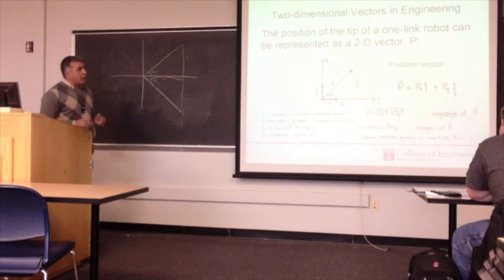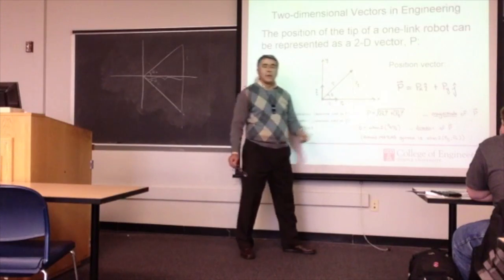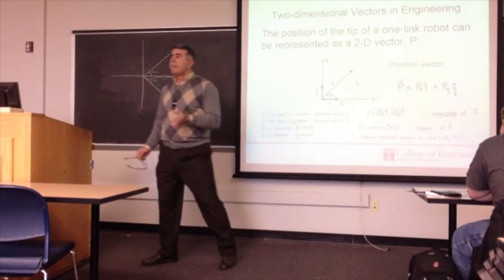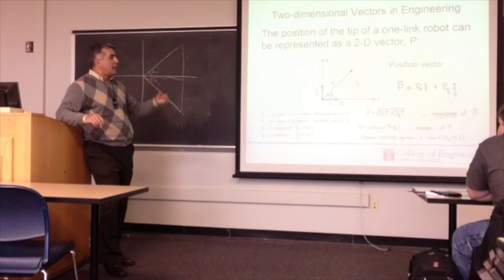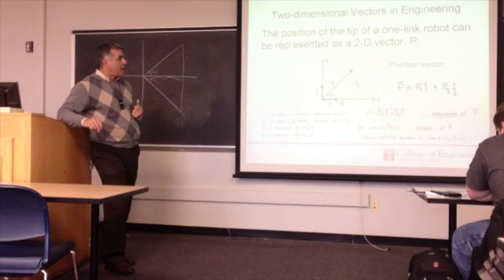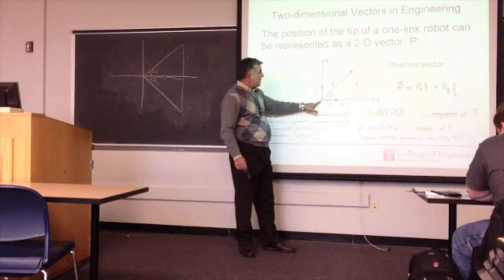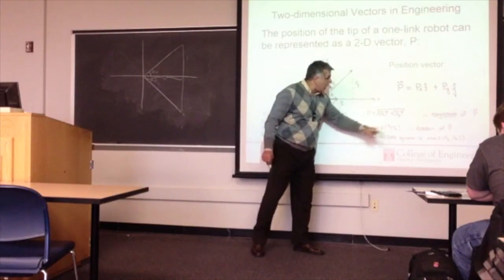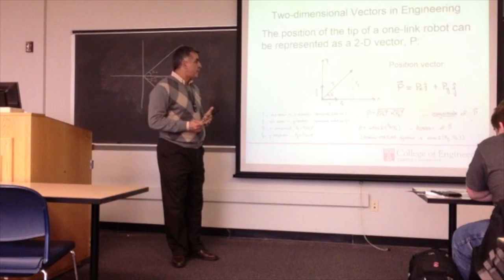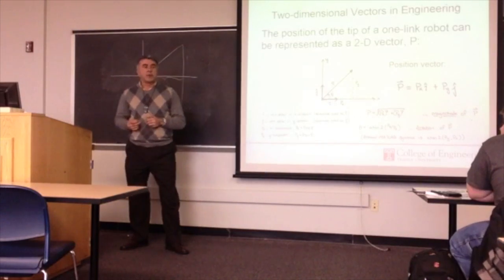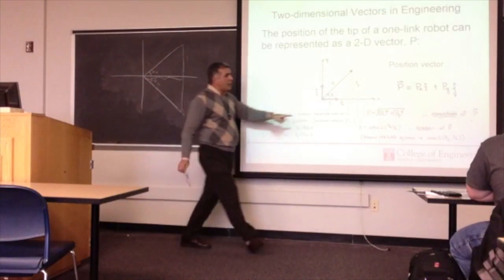So theta is simply atan2 or atan. The reason that I say atan2 is because atan2 also takes into consideration the quadrant that your vector is going to be in. Atan of py over px, which is basically now the direction of your vector. So now I have described your vector in a Cartesian coordinate system.